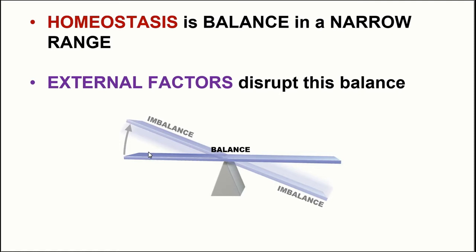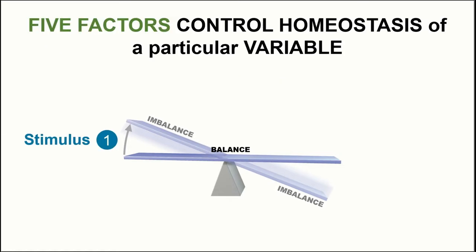External factors, like in our body temperature example, ambient air temperature, either really warm or really cold, seek to disrupt that balance or cause an imbalance in our teeter-totter example. So let's look at 5 factors that influence the homeostasis of a particular variable.